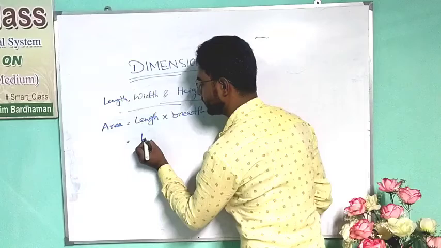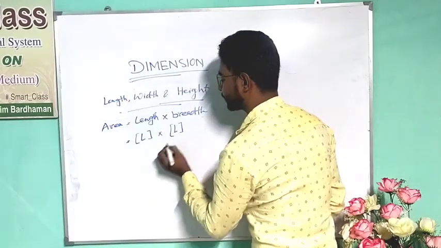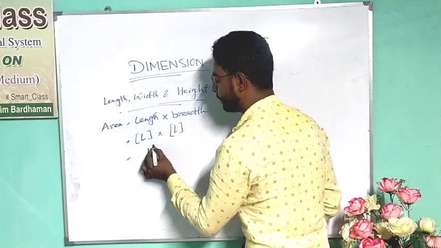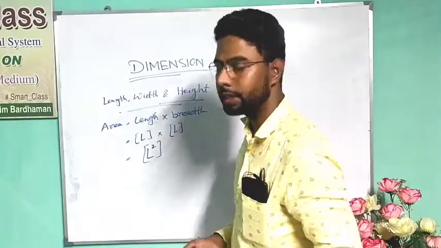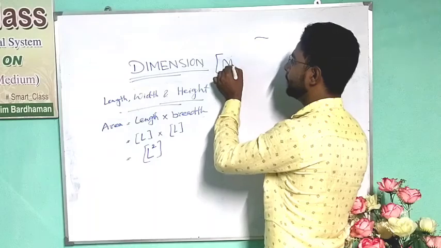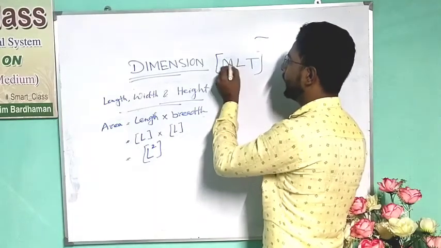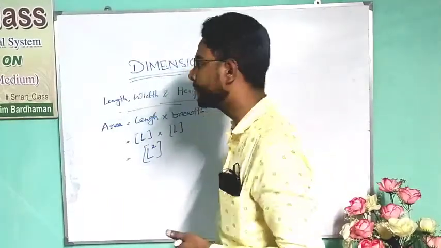So the length is L, the breadth is L. The dimension of area is L power 2. One thing I forgot to tell you: the form of the dimension is M, L, T. M means mass, L stands for length and T stands for time.